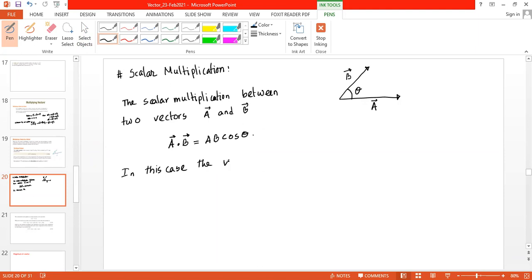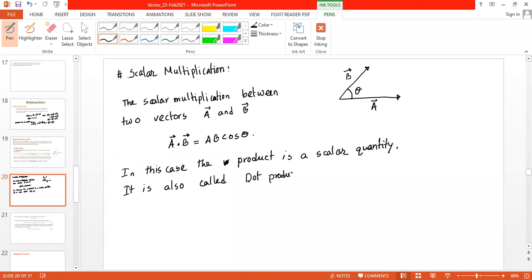Oftentimes we also call it dot product, or some say dot multiplication.